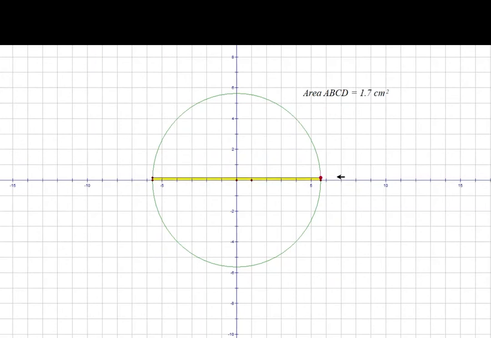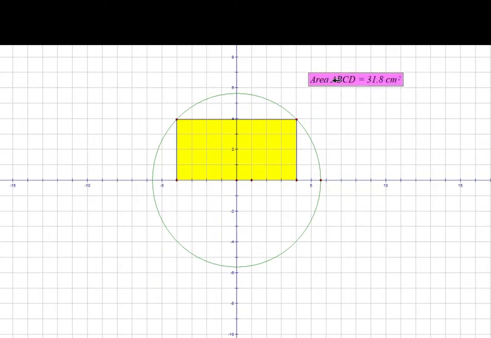As you can see, the area right here will reach a maximum at some point. It will be 0 at one extreme, 0 at the other extreme, but somewhere in the middle it's increasing, increasing, still increasing, and after that it goes back down. Looks like this is our maximum, isn't it? Somewhere there.